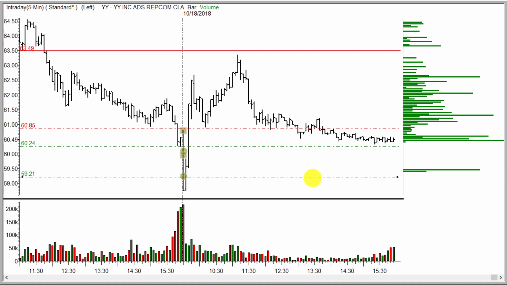So I did use the movement from yesterday's low. You can see this was just about $1 per share traded, right? I got in in the middle of this mess of blobs here, about 60.09 was my average price on the way in, 60.09 down to $59.21 was the exit. So just about $1 per share traded on YY.